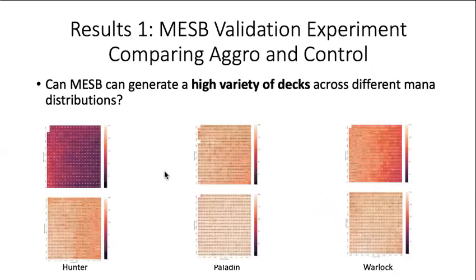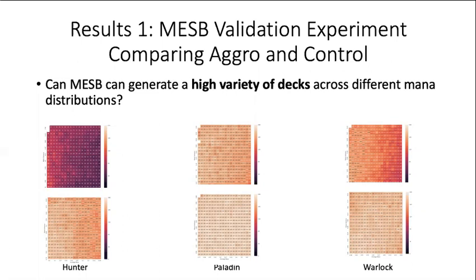And so to answer our question, can map elites with sliding boundaries generate a high variety of decks across different mana distributions? We end up with a map of elites that looks like a bunch of boxes at first glance, and it honestly is. But what we can see is that the color here is inverted, since different people are working on these different images, where the darker the color is, the lower the fitness.